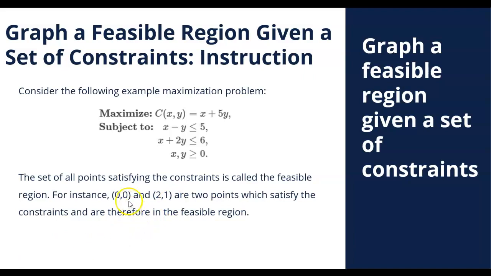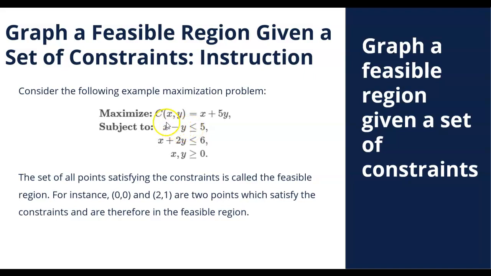You can verify that by plugging each of these points into each of the inequalities. For instance, if you plug the point (0, 0) into the first inequality, you have 0 minus 0, that gives you 0, less than or equal to 5. Is that true? Is 0 less than 5? Yes. So (0, 0) satisfies this first inequality.